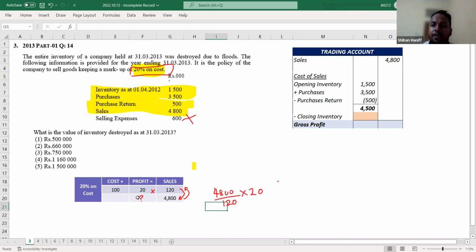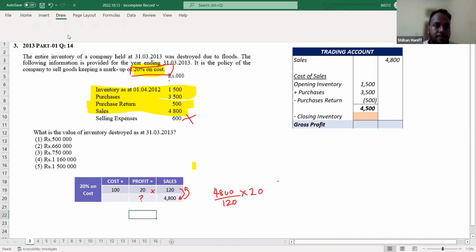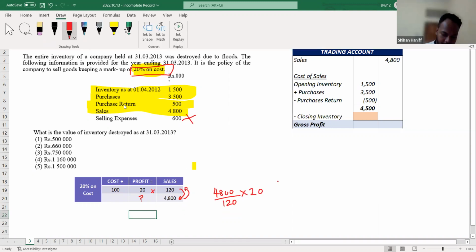Then you get the profit. So how much is the profit? 4,800 divided by 120 into 20. Profit is 800.